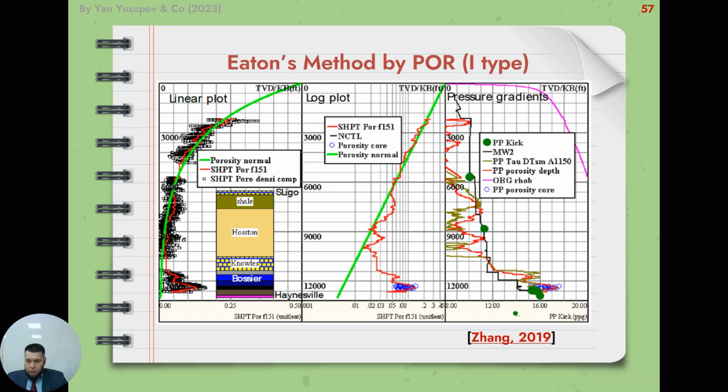In the Booster and Hinesville shale, the porosity is significantly higher than the normal porosity trend, and hard overpressure exists. The pore pressure obtained from the porosity method and the sonic logging method have a similar result and match the kick data. Kick data is the green dots.